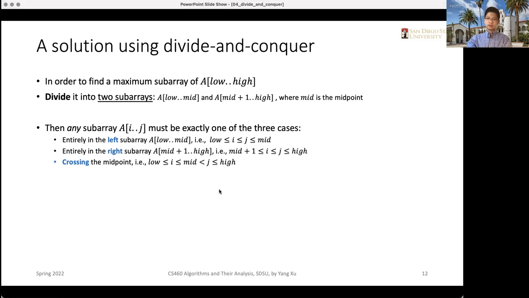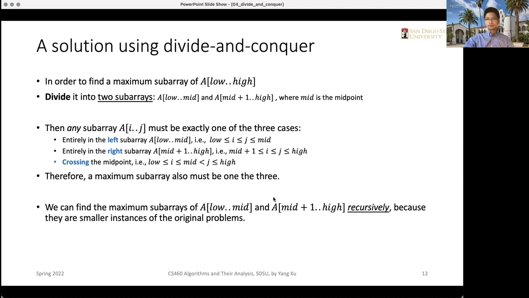Let's see if we can do that. A maximum subarray must also be one of the three; eventually the subarray that has the maximum summation must belong to one of these three cases.